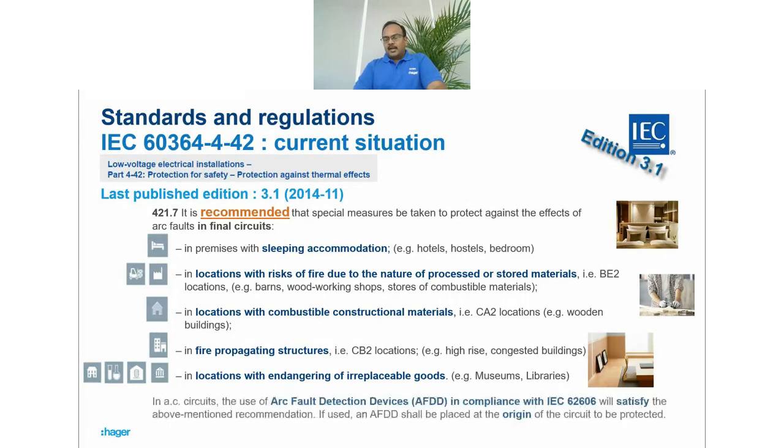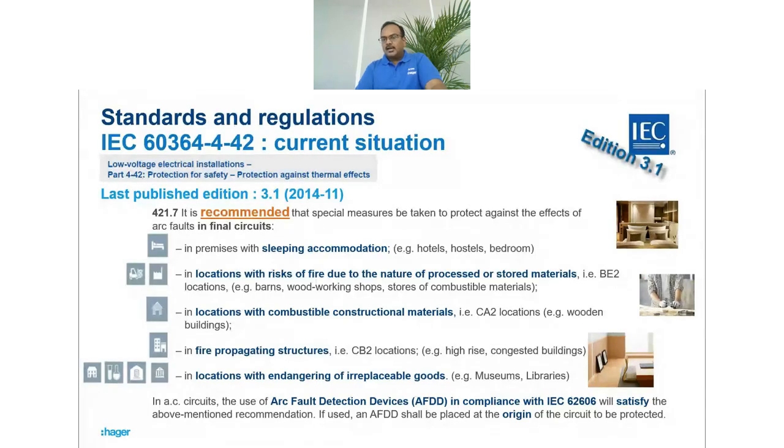While it was recommended in the installation standard, whenever an installation standard starts recommending, a product standard gets evolved. So the product standard for the arc fault detection device is IEC 62606. This is a product standard coming from an installation standard recommendation.